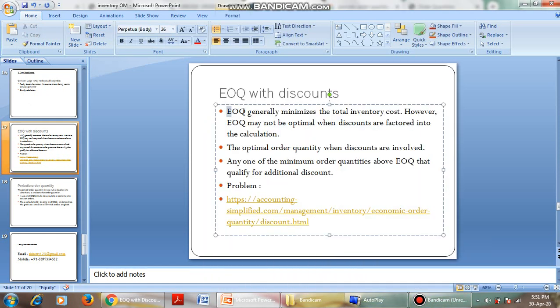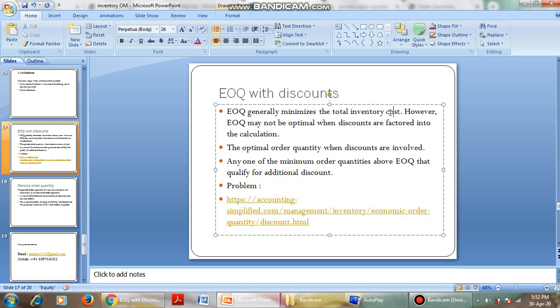EOQ generally minimizes the total inventory cost, which includes the ordering cost as well as the carrying cost. Simply, economic order quantity is the quantity that reduces both the carrying cost and the ordering cost.